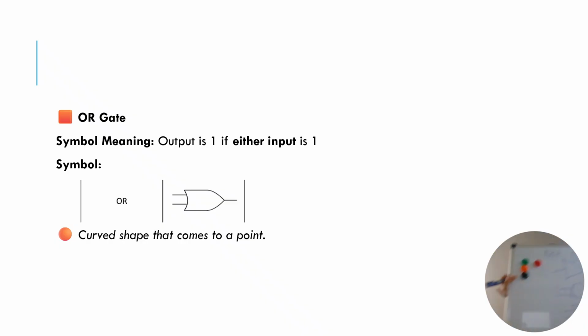There we go. Okay? So that's our OR gate. So if either one of those inputs is on, okay, make sure you have your curly point.